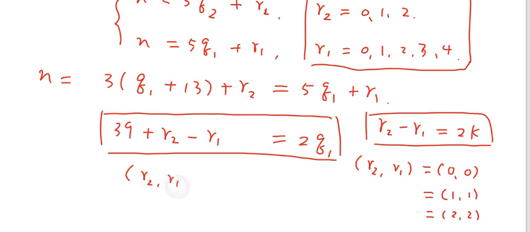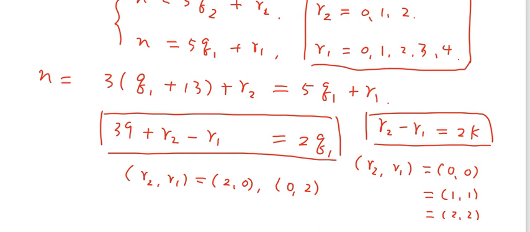Could it be 2, 0, with R2 equal 2? Or could it be negative 2, with R2 is 0 and R1 is 2? So R2 minus R1 could be 2 or negative 2.